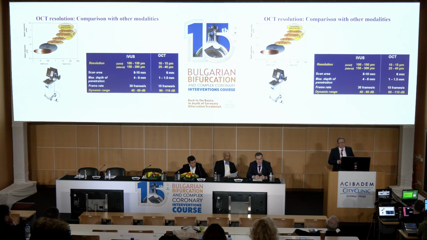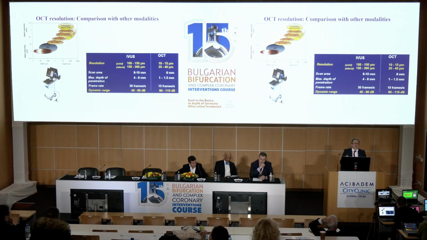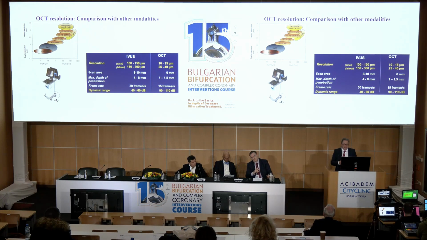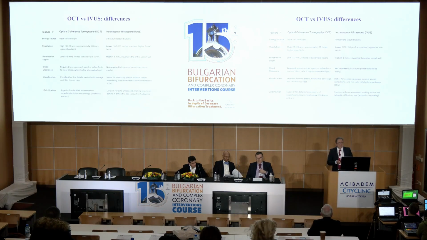In terms of OCT, we have to appreciate that the resolution of the OCT is much better, so the images should be much more precise and easy to interpret. However, the depth of penetration is less, and sometimes, especially for the first generation of OCT, it was not easy to assess the size of the vessel.